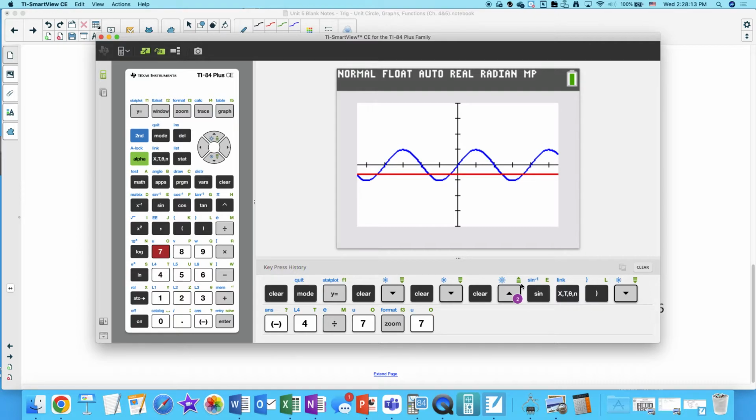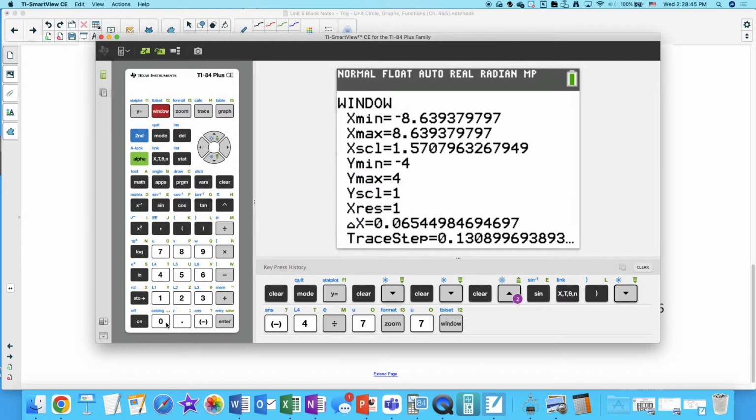Now, what I'm going to do though, is play around with my window settings a little bit, because I know that I only want to solve the equation over a specific domain. Right now in this picture, I see 1, 2, 3, 4, 5 different intersection points, maybe even 6. I'd have to look at that one more closely. And I don't want to be thrown off. And so I'm going to go into my window and manually make this 0 and this 2 pi.